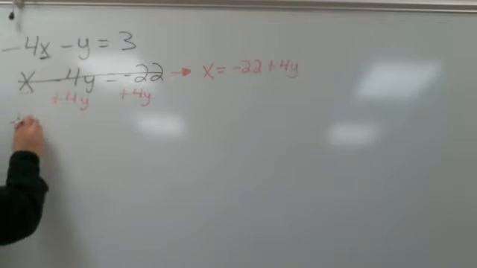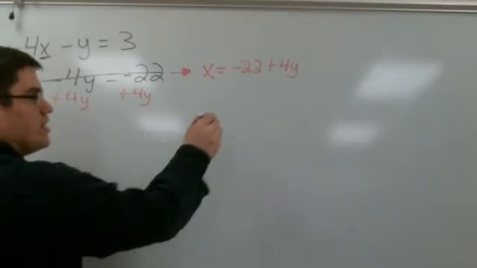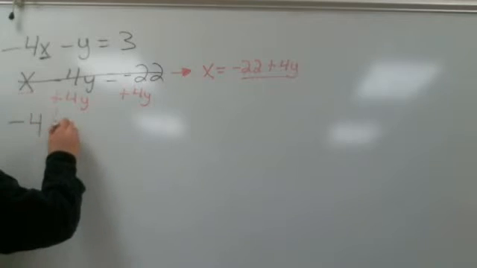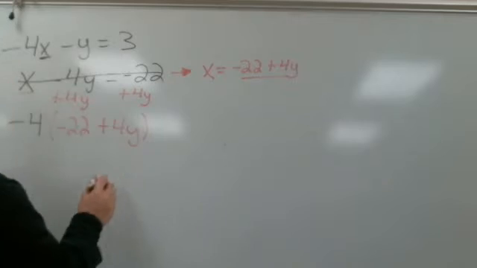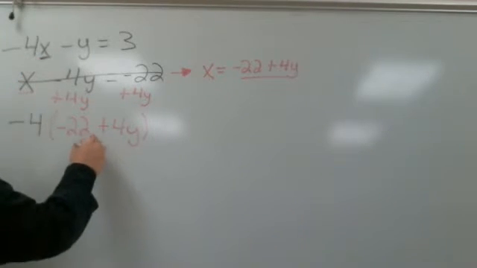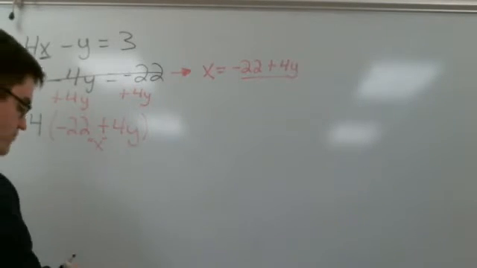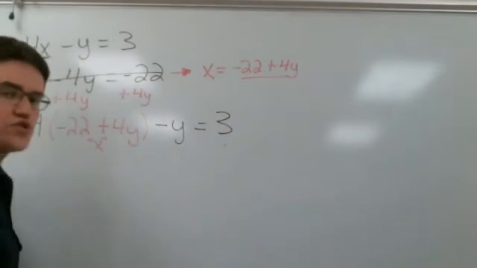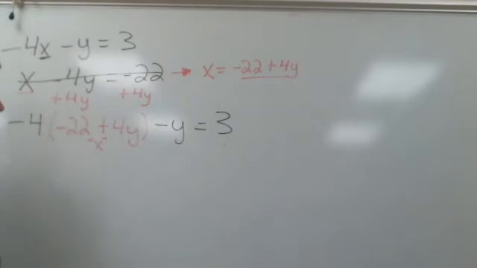It's now negative 4, and instead of x, I'm going to substitute in negative 22 plus 4y. So instead of x, I substituted this in, then minus y equals 3. Again, this is just another way of saying x.